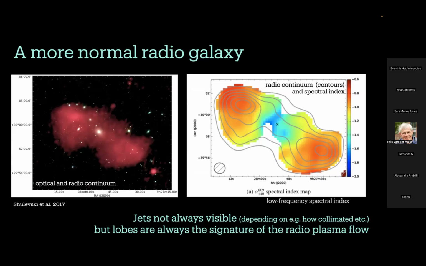So usually a few times 10 to the 7 years is a typical age of a radio source. AGN and certainly the radio are variable. So there's a quiescent phase, and then the AGN becomes radio active, but then it stops. And then from the spectral index, you can estimate the time since the AGN stopped, for example.